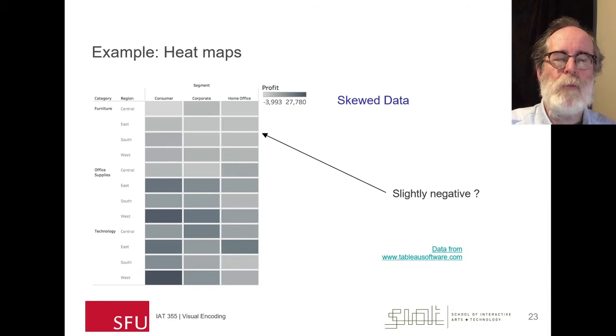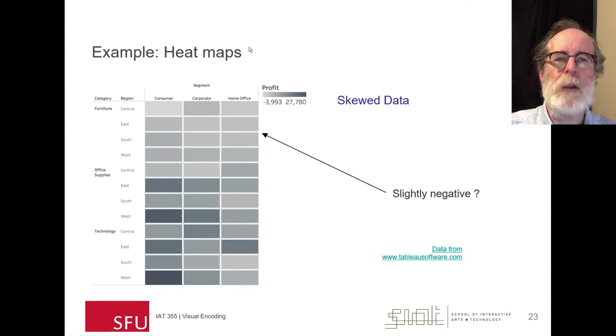Another way in which you see color maps used is by using ramps that are more restricted in hue. In this one, from Tableau, we're showing a sales feature for furniture, office supplies and technology, in one of their sample data sets.